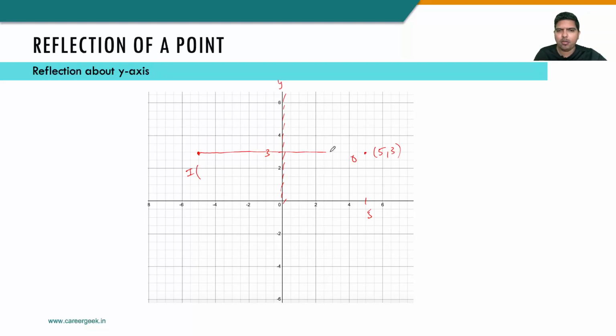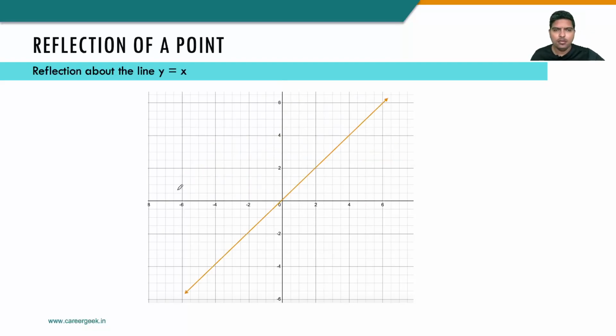And this line will be perpendicular to the mirror. So it's a horizontal line. Y is going to stay the same. X is going to take exactly the negative value. 5 becomes -5. So it's as simple as that. About the x and y axis, it's straightforward.